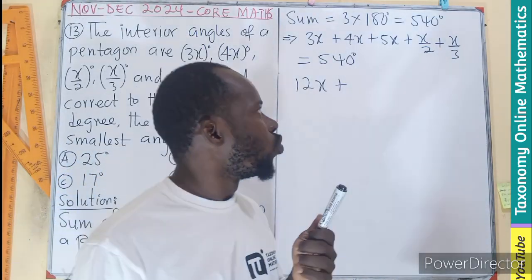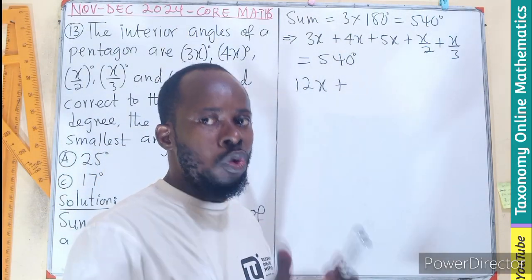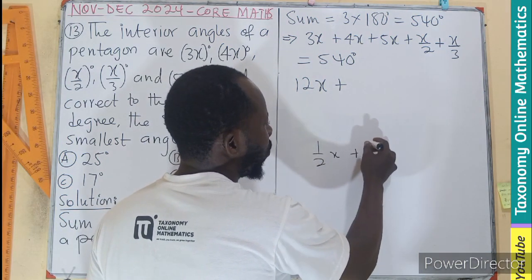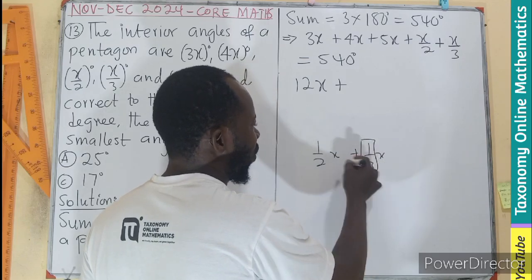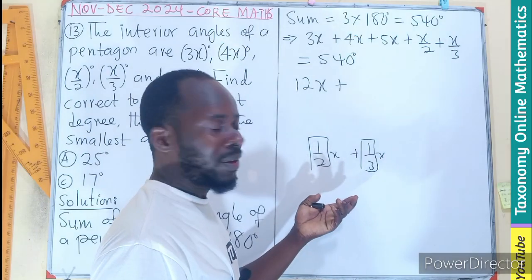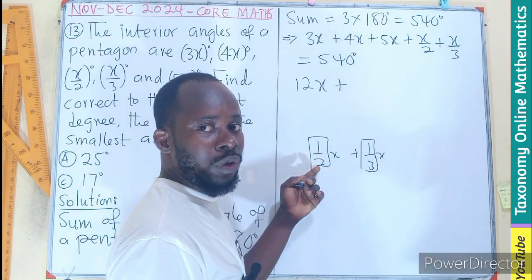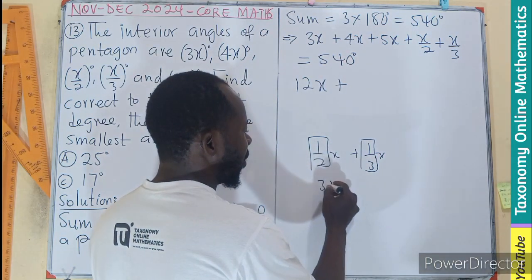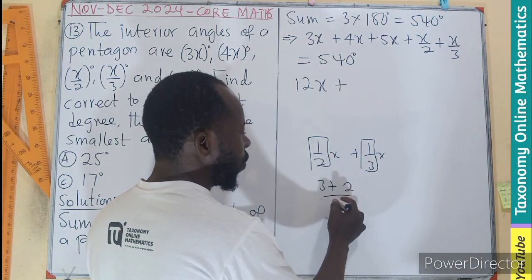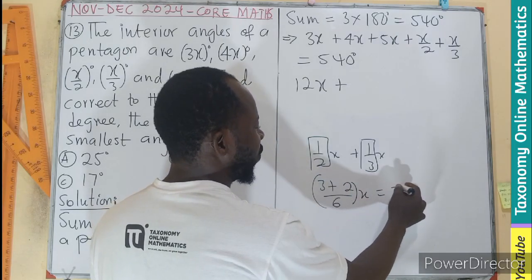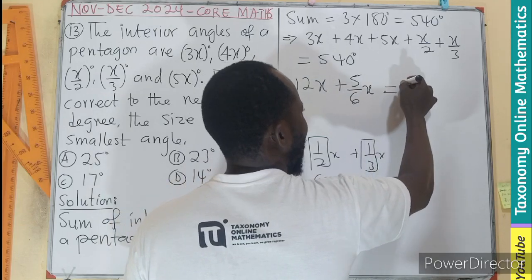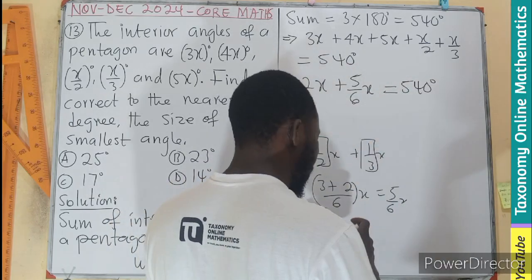Now the x divided by 2 could also be written as 1 over 2 x, and 1 over 3 x. We can add 1 over 2 and 1 over 3 with the LCM being 6: 3 times 1 and 2 times 1, we are having 5 on 6 x.